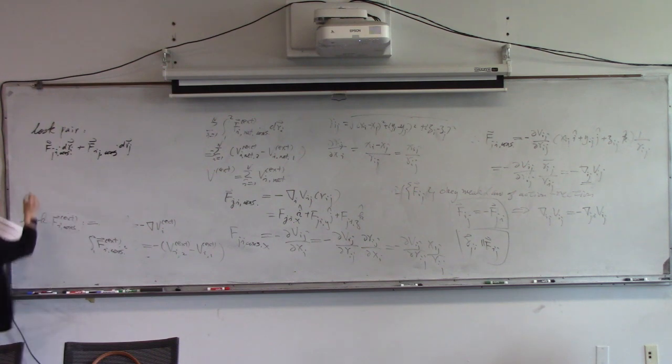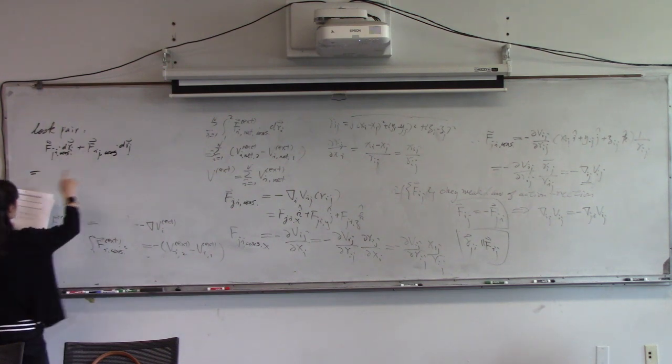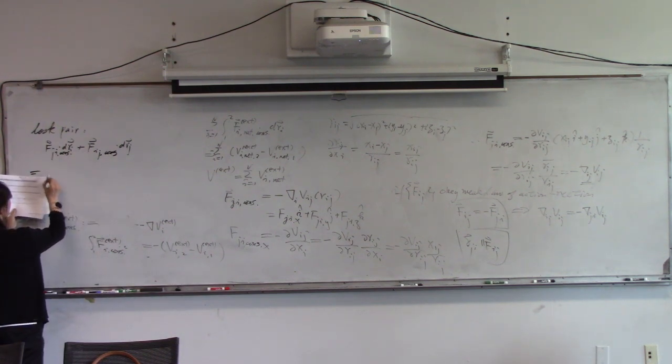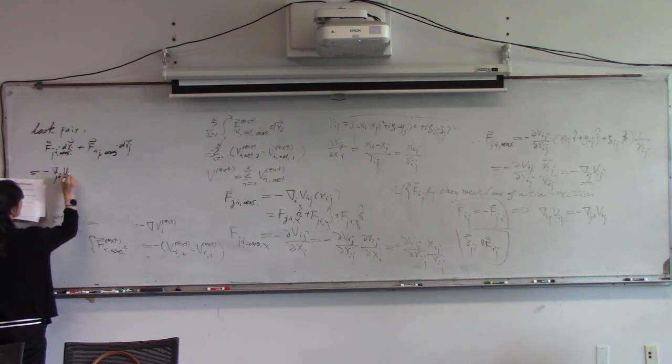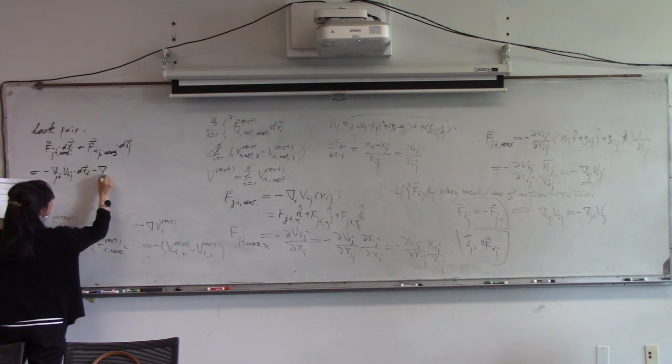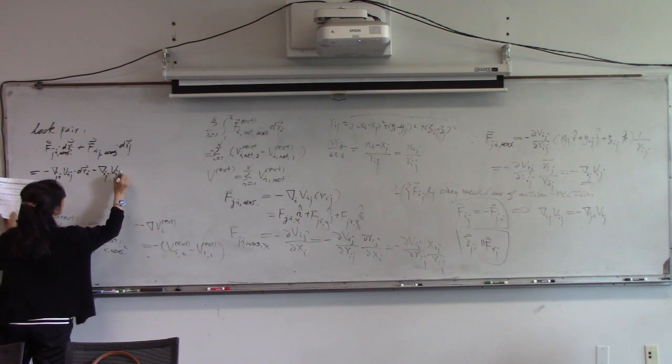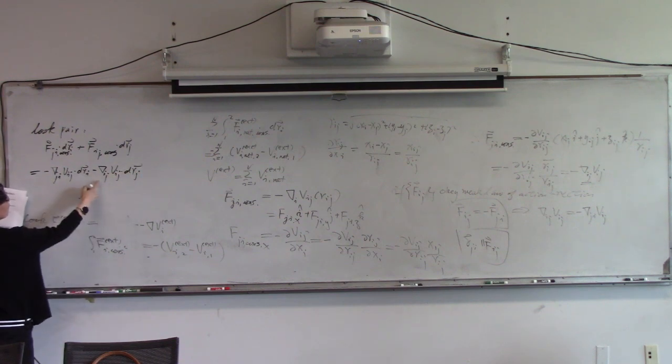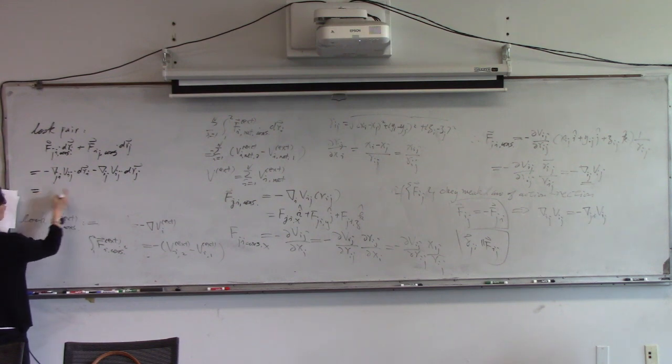Each one has a negative, so you will have negative gradient of i V_ij dr_i minus gradient of j V_ij dr_j.